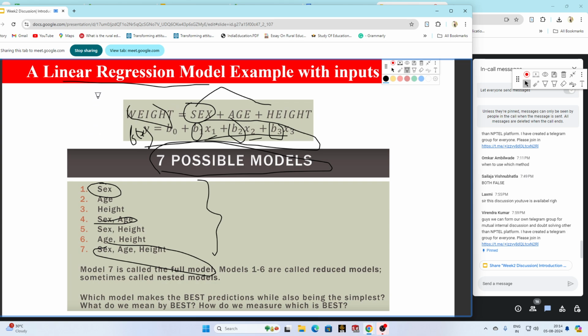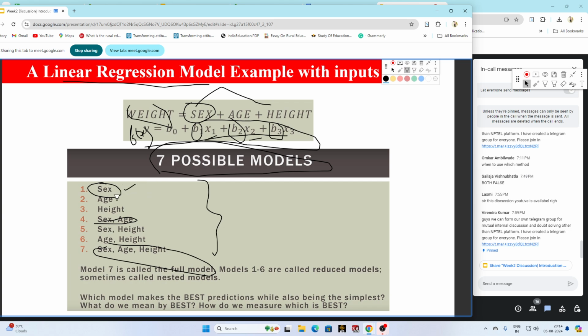How? We can take only one input parameter, that is sex. So we take only x1 and eliminate the rest. Then f(x) will be equal to beta naught plus b1 x1, where x1 is sex. That becomes a model.